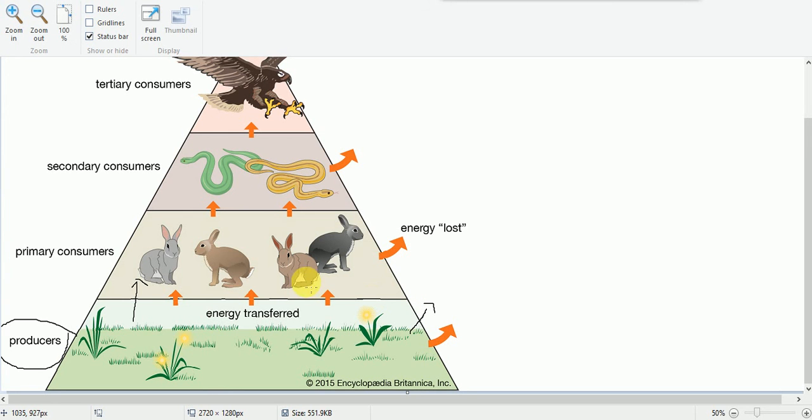Again these herbivores will be eaten by the secondary consumers, and again there is loss of energy in the second level also, due to respiration, excretion, or decomposition. So in this way at each level there is loss of energy.